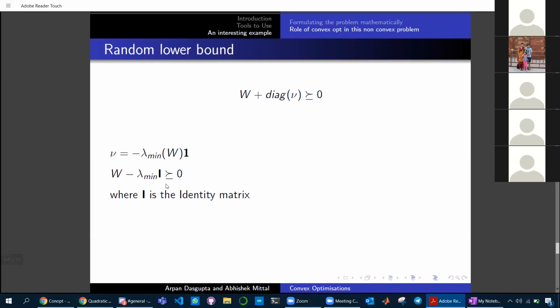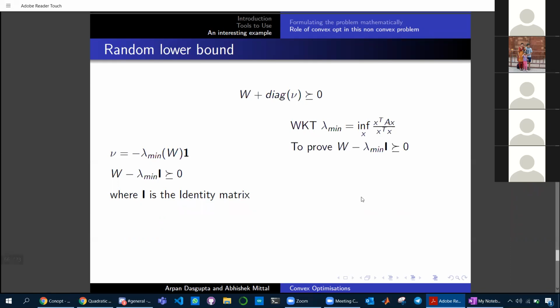So if I just prove that this satisfies this condition, now I'm going to use this property, which is true only for symmetric matrices: lambda min here stands for the minimum eigenvalue. The minimum eigenvalue of a symmetric matrix is the infimum of x transpose Ax divided by x transpose x, the norm of x, over all possible x, where x is obviously not 0.